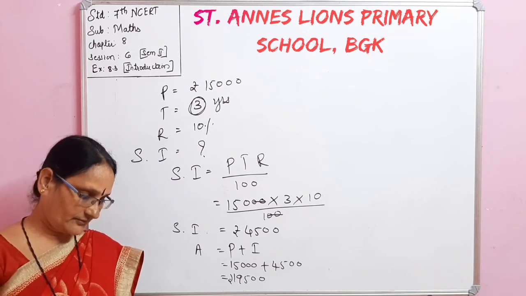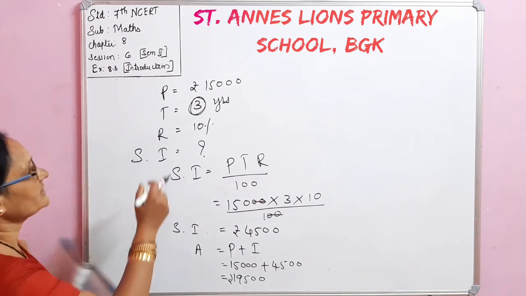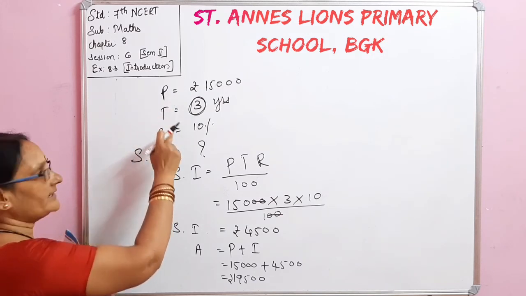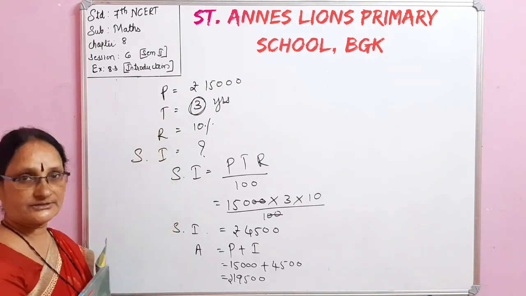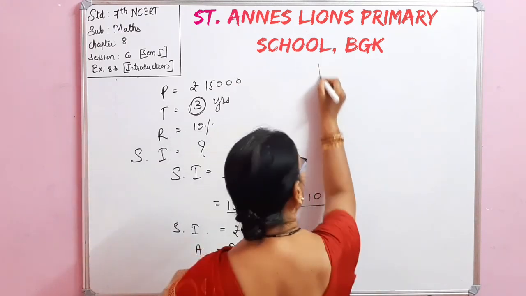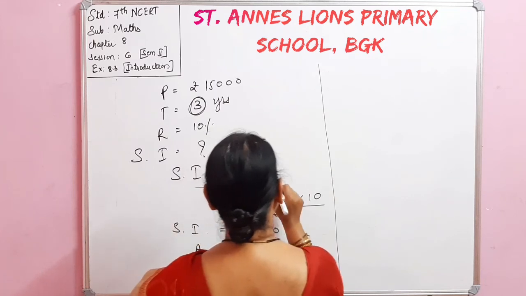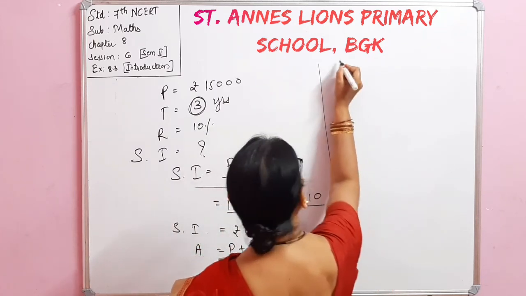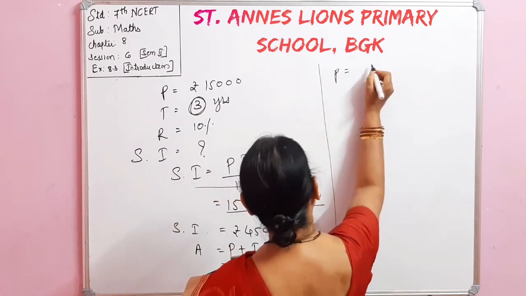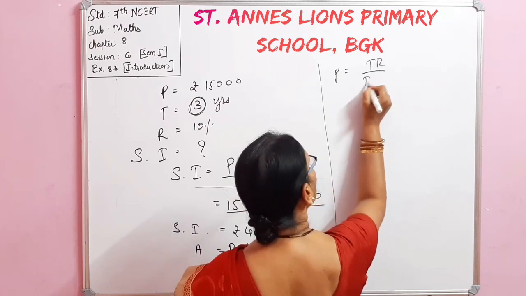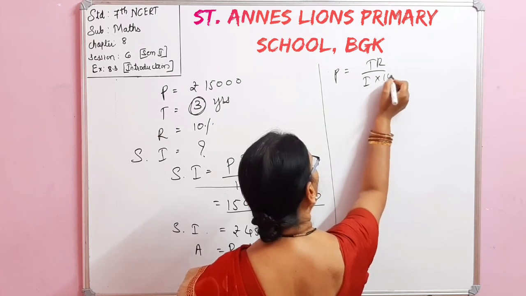In this, we can calculate the principal also, time also, and rate of interest also. How can we calculate? See, with the help of the formula. This is also one of the formulas. I am going to give you all the formulas together. Suppose I want the principal: that is I into 100 by T R, that is simple interest into 100 by TR.